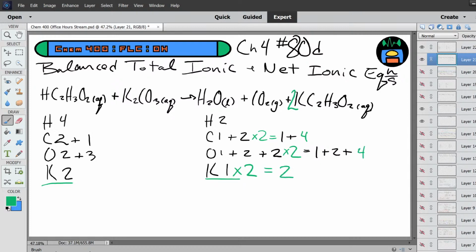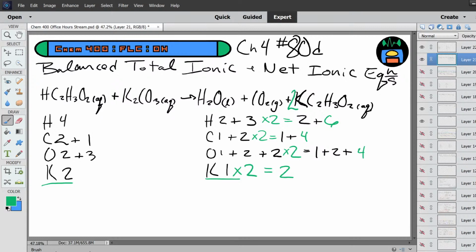Oh my gosh, I actually messed up royally already. First, let me just make that clear. We also have 3 hydrogen in acetate, and that gets multiplied by 2. So this is 2 plus 6. All right. So what do we do now? This looks like a hot mess.